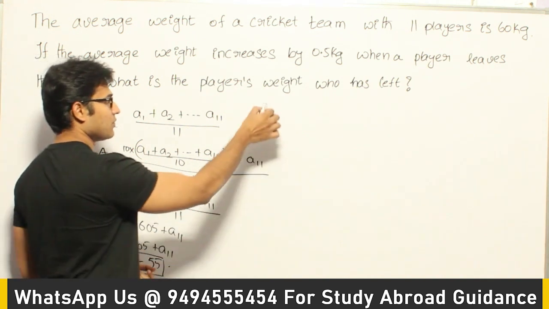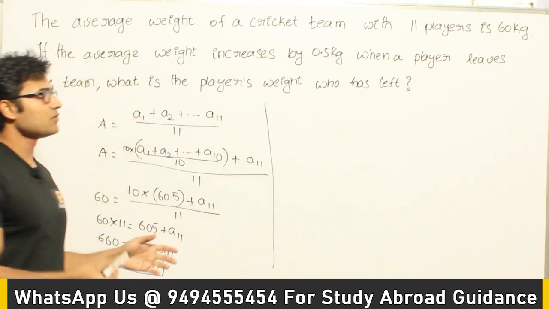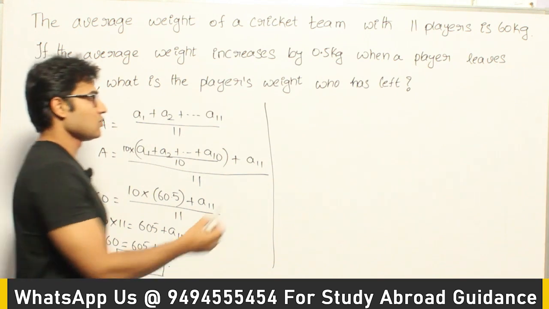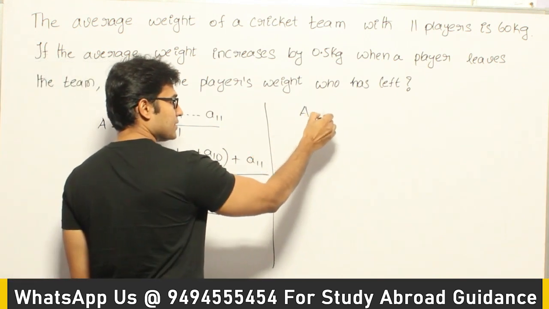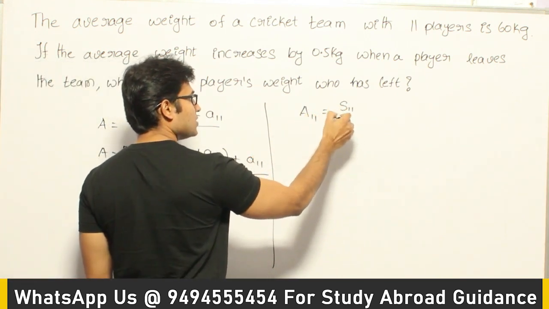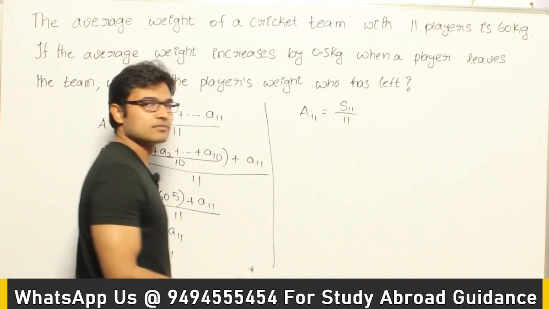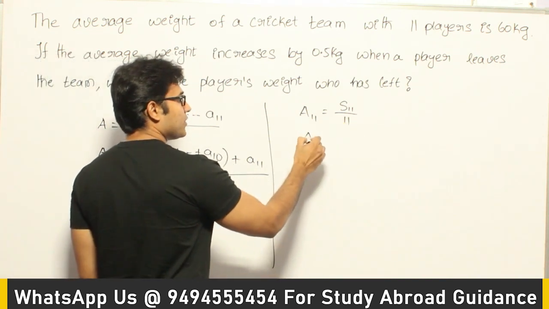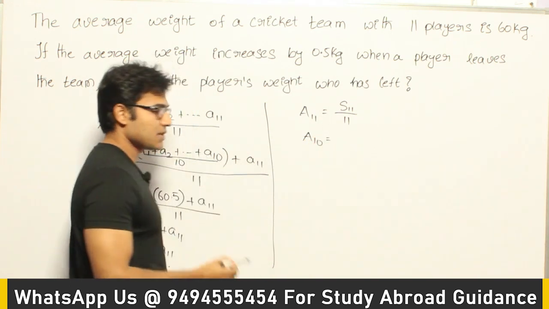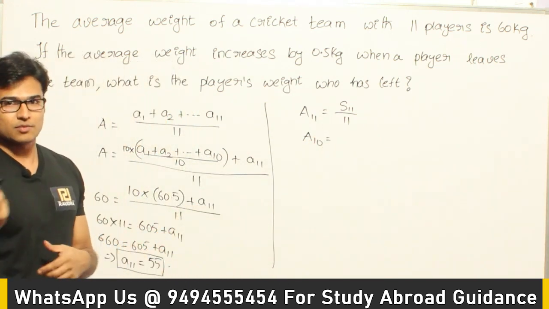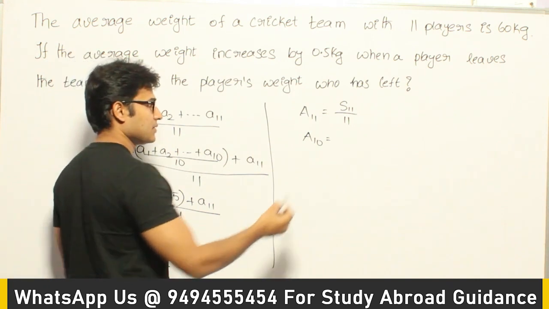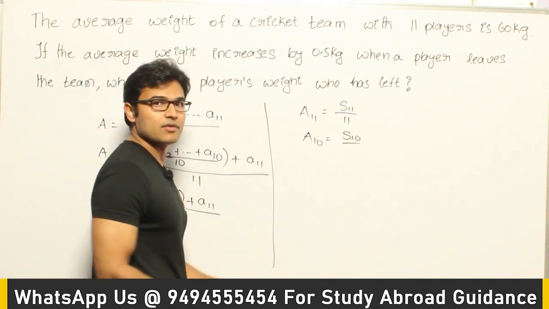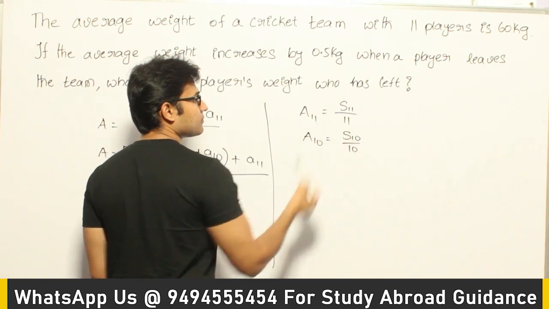So this is one way of solving it. The other way is, if you observe, initially the average is given for 11 players. So the average of 11 players is equal to the sum of all the weights of 11 players divided by 11. And now the average of 10 players is also given, which means the average after one player is removed is equal to the sum of the weights of those 10 players divided by 10.